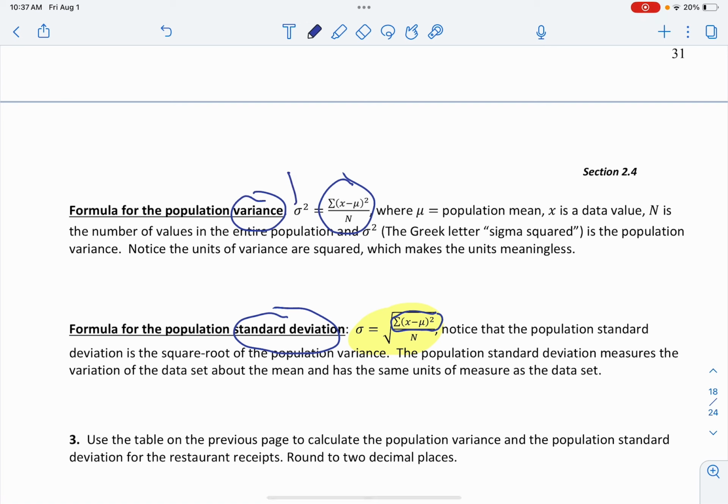This variable here, you see it has a square on it. That sigma squared is the notation for variance, whereas for standard deviation, the notation is just sigma. So these two are related very closely. If you take the square root of the variance, you get the standard deviation. If you square the standard deviation, you get the variance.